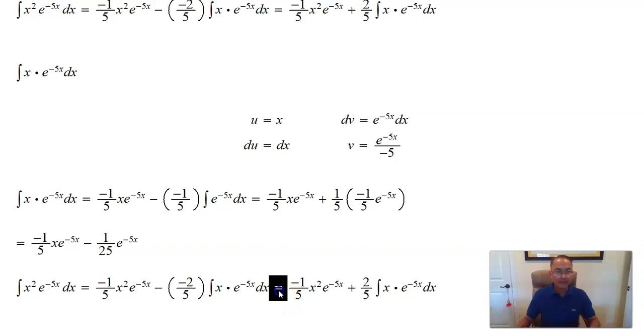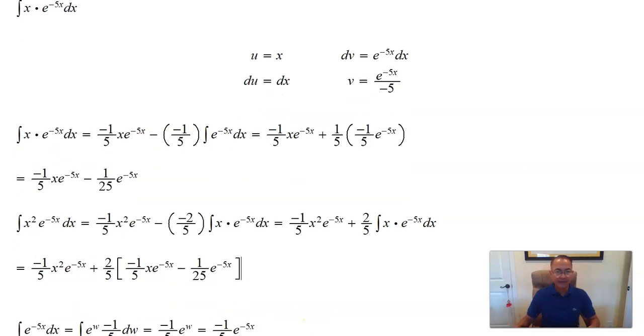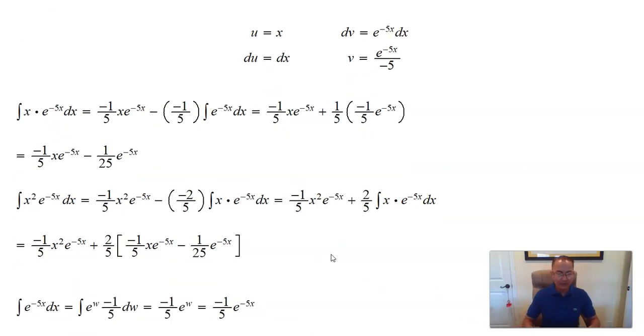So we get, as our final antiderivative, this, and we replace the integral of x e to the minus 5x with this. So we will copy this and we will plug that in. Okay, so if you look, you know what, let's expand it. I was going to factor, but just to be safe, let's expand first.